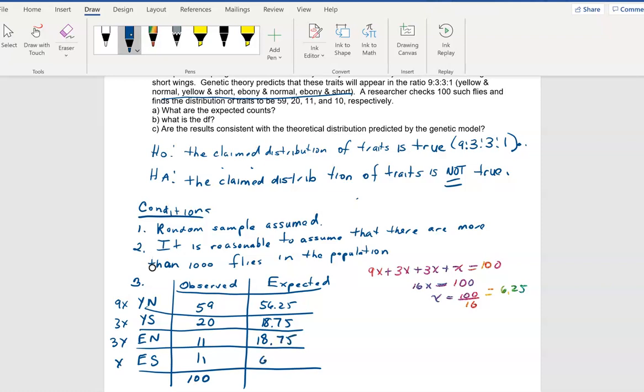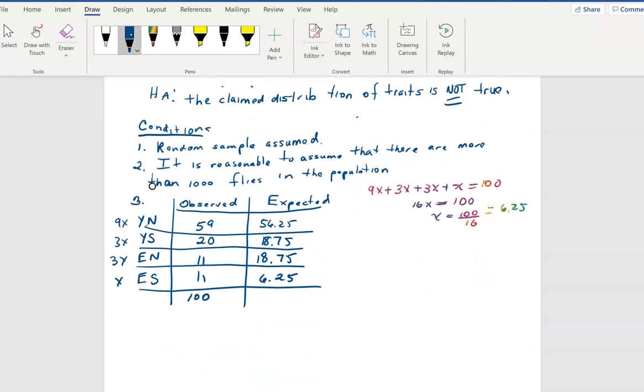And this is going to be 6.25. It's not really necessary to round in this case since the numbers are fairly easy to work with. And that equals 100. Notice all these counts are greater than or equal to 5. It's the expected counts that have to be greater than or equal to 5, so you need to say that.